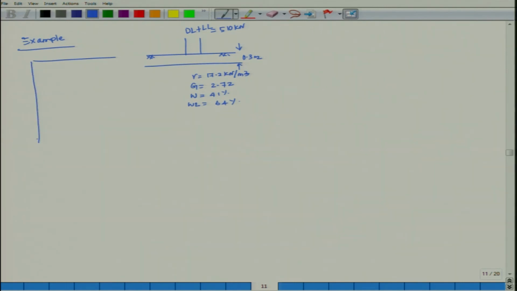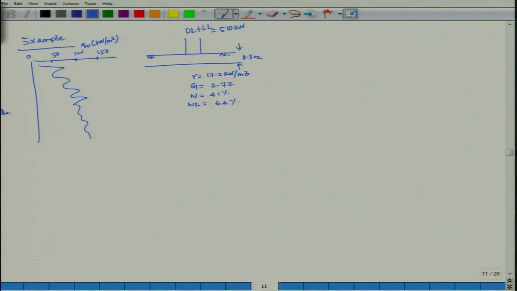At the same time, the QU value is given, as 0, 50, 100, 150 kilonewton per meter square. It will be very difficult to plot up to this scale.